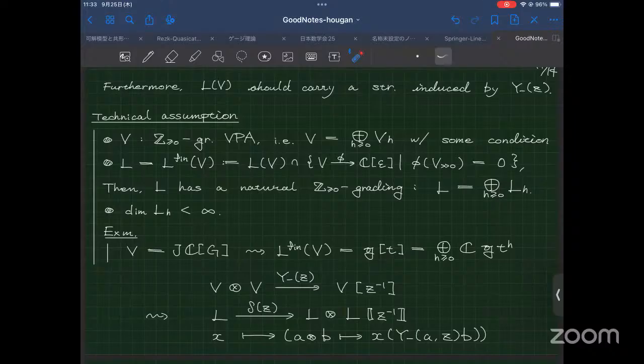Then this finite part, the Lie algebra, is a polynomial with coefficients in g.